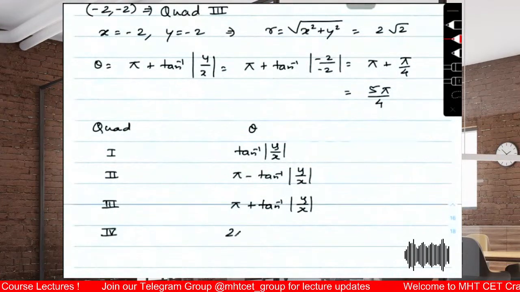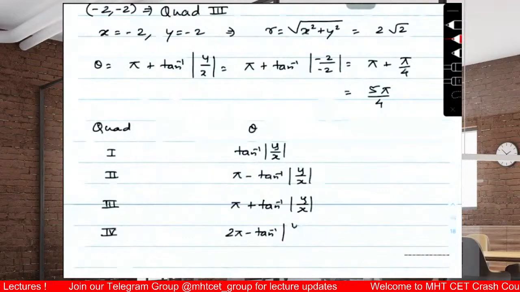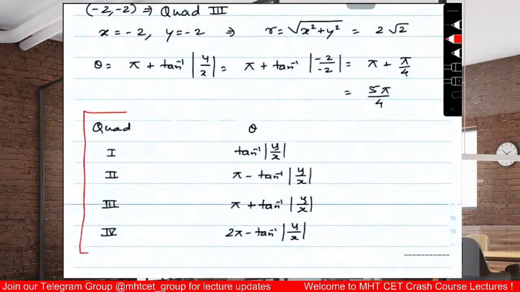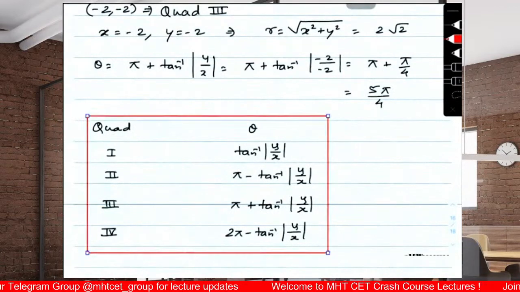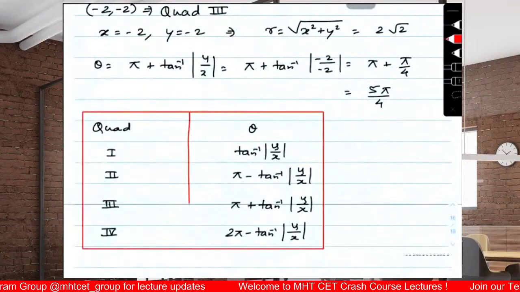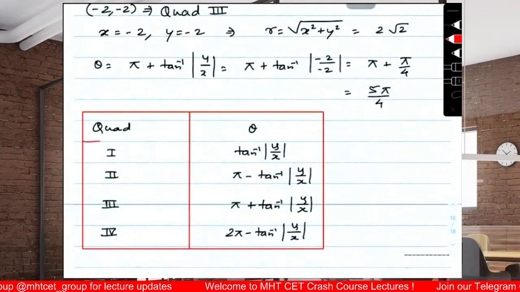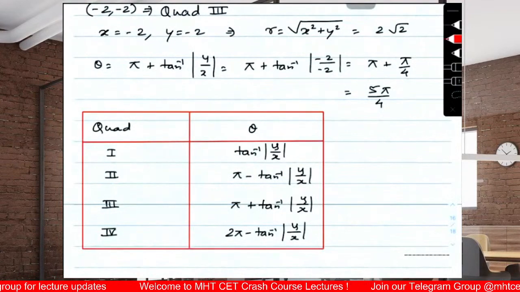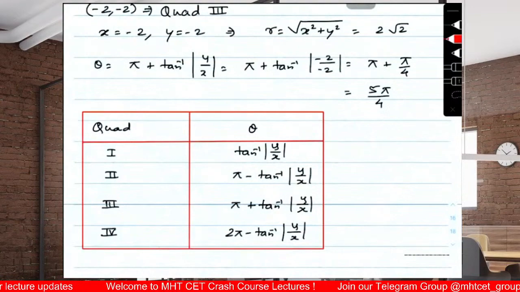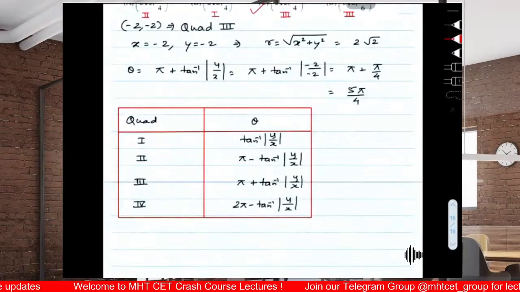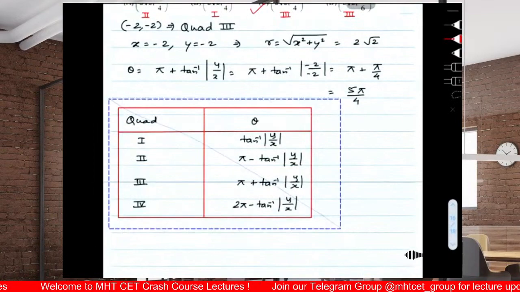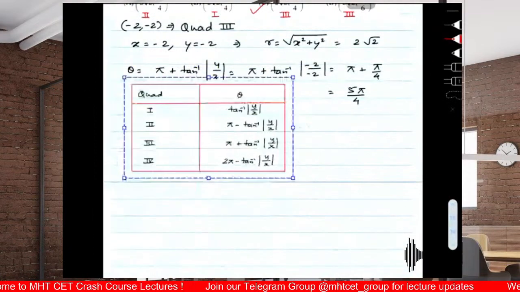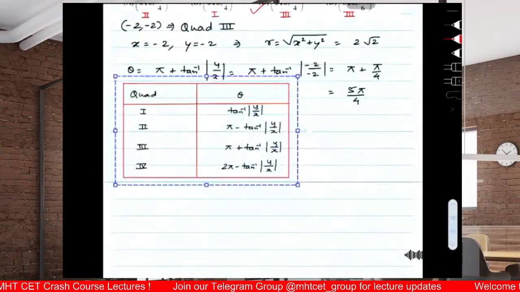Fourth it is 2 pi minus tan inverse of y by x. So ये लिख ले. ये ट्रिगो में भी था ना अपने, अभी जो था तुम लोग का थर्ड चैप्टर मैथ्स 1 का, उसमें भी था. और 11th में कॉम्प्लेक्स नंबर अगर पढ़ा होगा तो उसमें भी था.